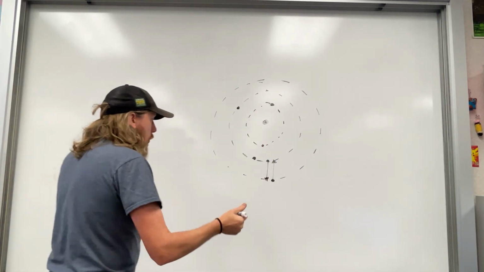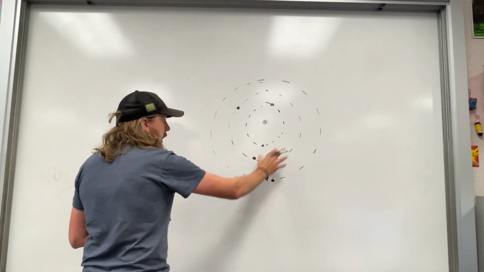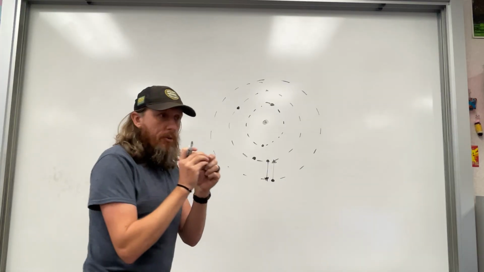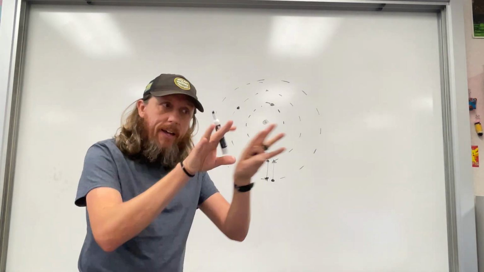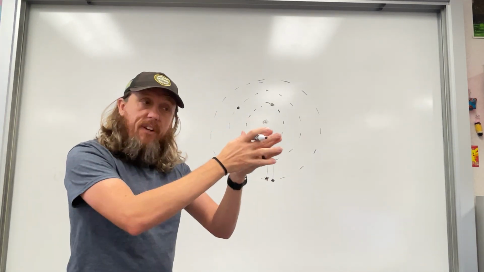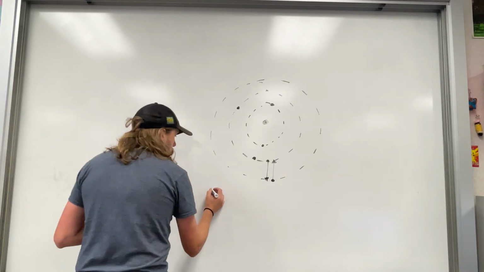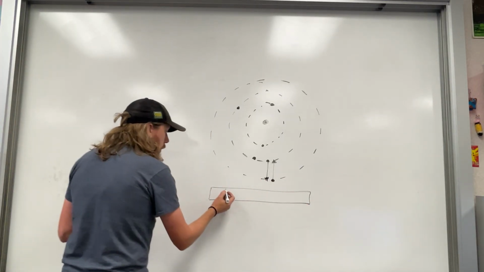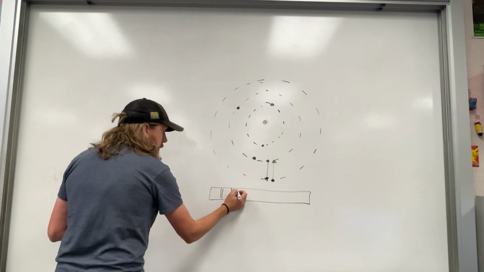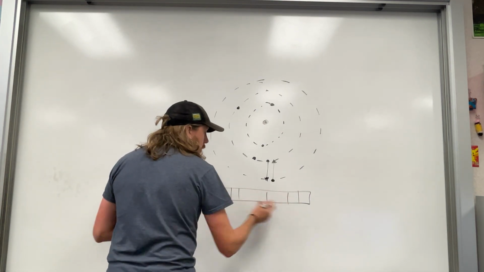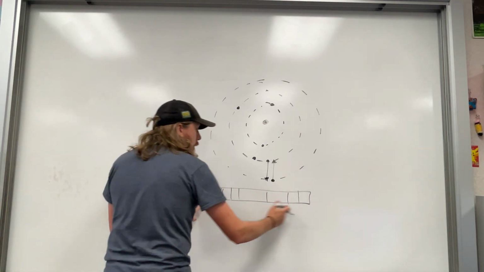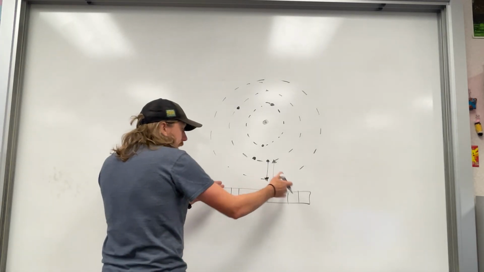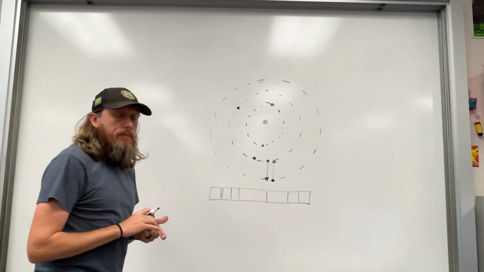So if this element emits a certain amount of light, we have that go through a special device that divides that light into the different frequencies, and we'll start seeing different lines on that spectrum, right? From red all the way to violet. It's going to give very specific frequencies of light that it emits.